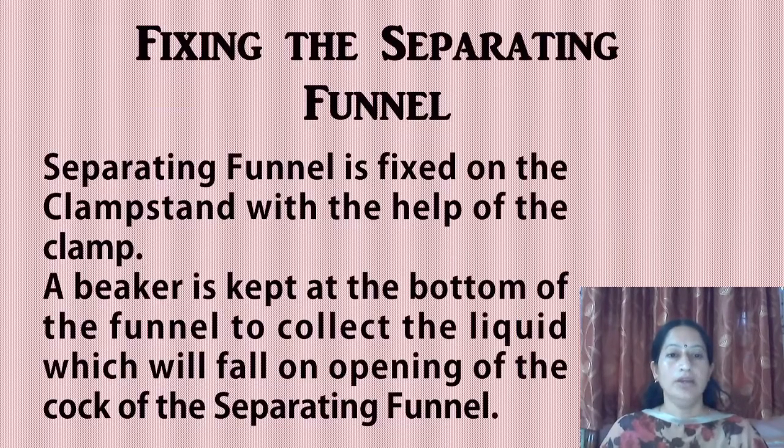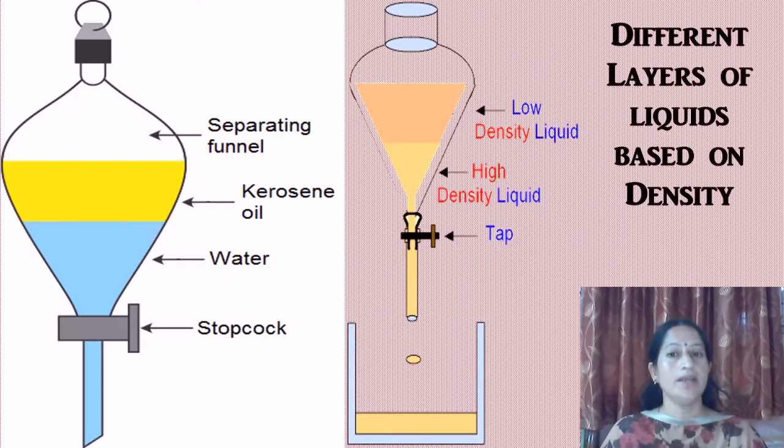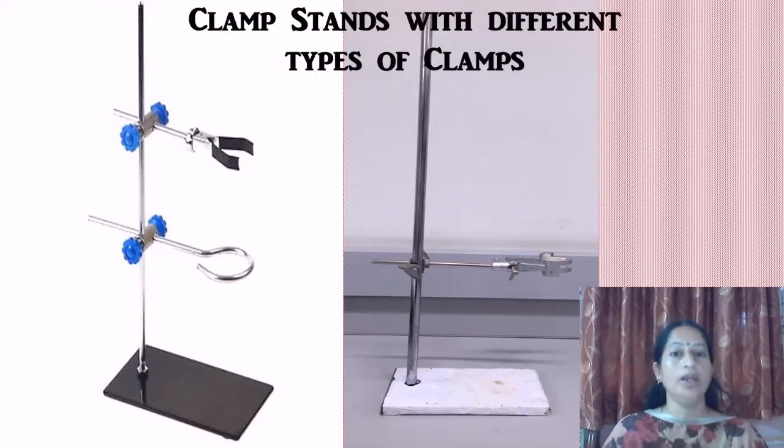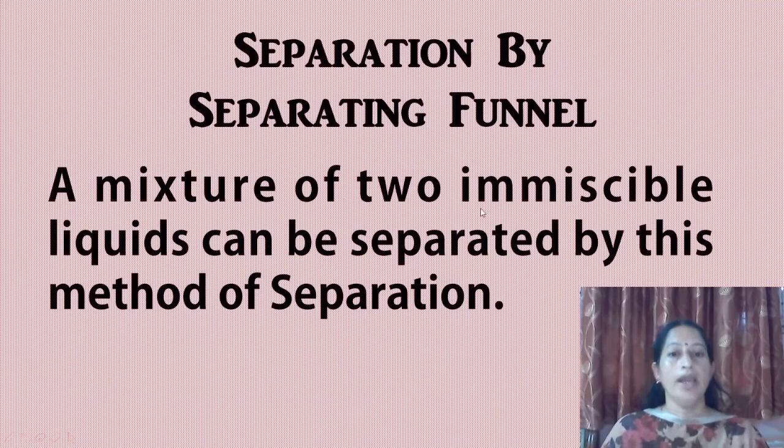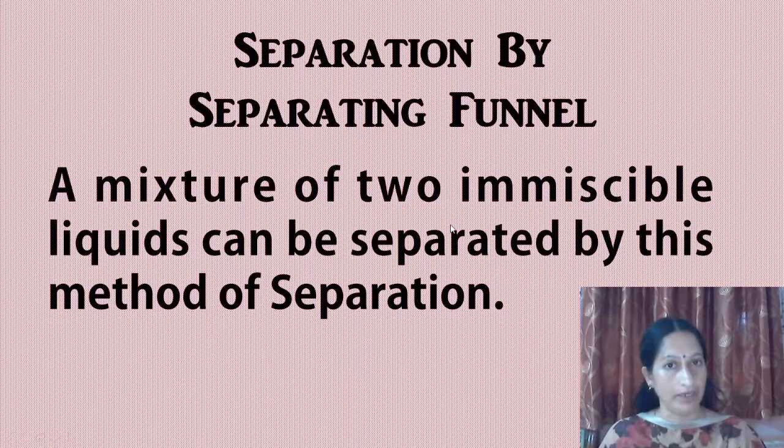You have seen through diagrams and understood that the difference in layers is due to density. You have understood what density is, what different types of materials are used for this type of separation, and what type of mixture is separated by the process of separation by separating funnel.